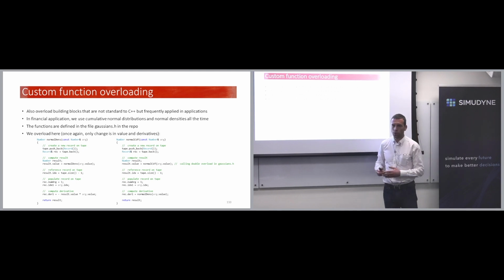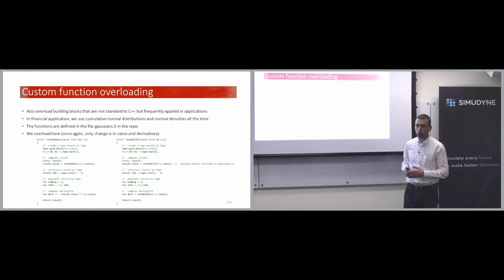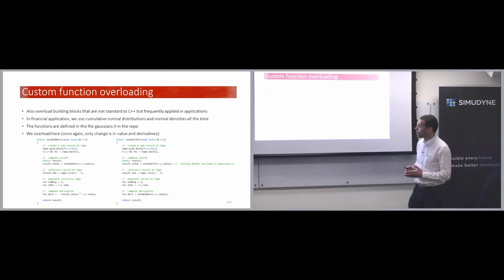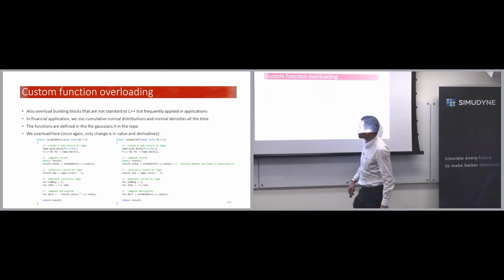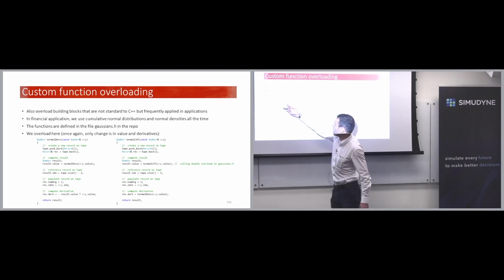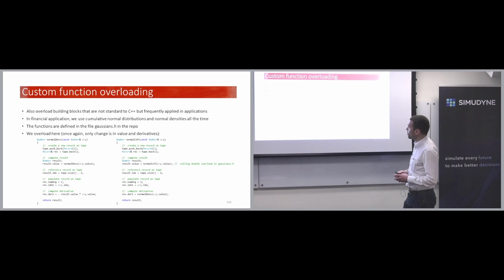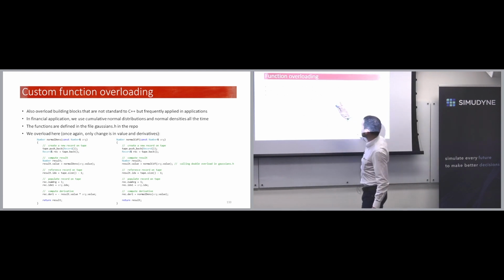In finance, we use Gaussian distributions all over the place. It's a good idea to make it a building block. Which means that I will have an operator overload for the Gaussian density and for the Gaussian cumulative distribution in exactly the same way as I had it for square root, exponential, log, etc. Okay?